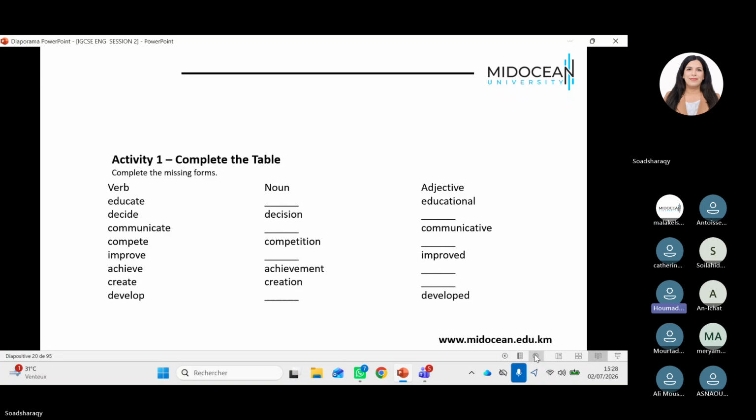Okay. The noun of educate is education. Okay. Decide. Continue, Abu Bakr. Decide, decision, and our adjective is decisive. Decisive.